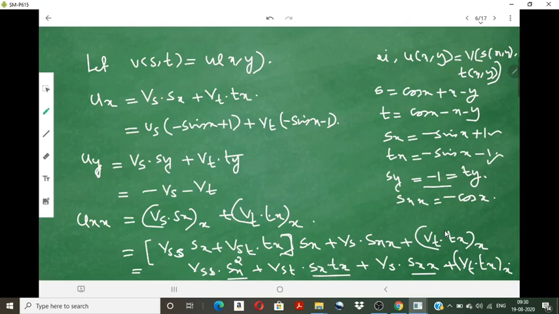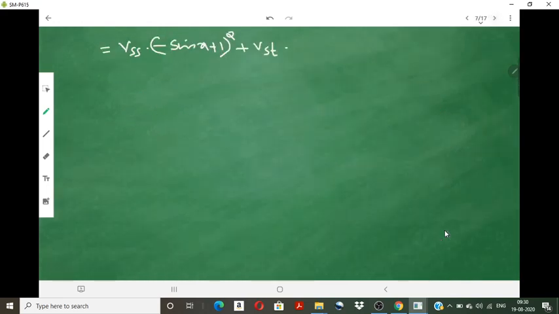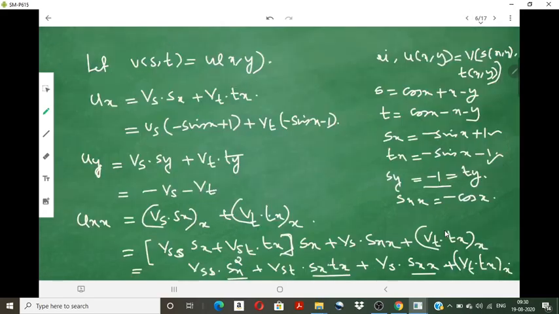So it is of the form a plus b into a minus b, so the product will be a square minus b square. So sin square x minus 1. Then the Vst term is over. Then Vs into Sxx.